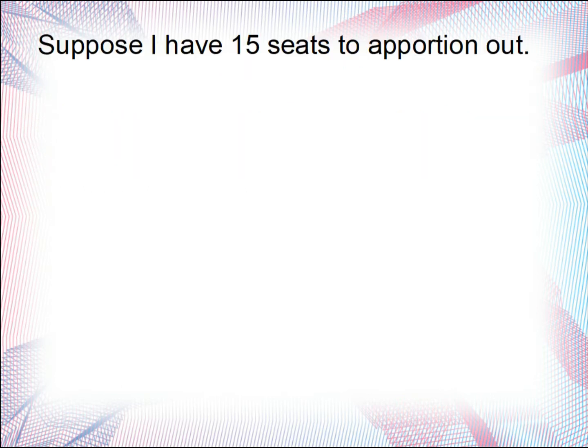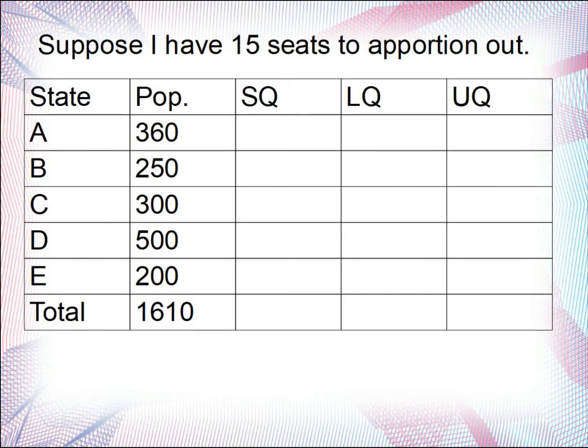So let's go through an example. I have 15 seats to apportion out, and I have 5 states. Here are their populations. So I need to find the standard quota, the lower quota, and the upper quota. We have done this over and over again, so I hope you'll forgive me if I go through this part fast. Standard quota of state A is 3.35, therefore the lower quota is 3 and the upper quota is 4.